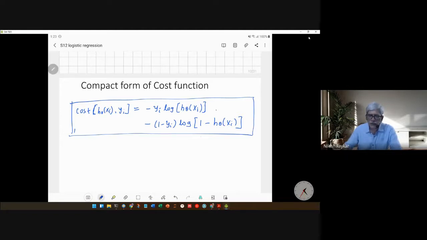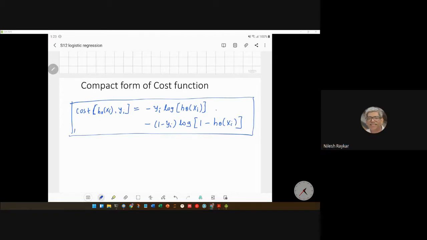So see, whenever yi equal to 1, this term would remain and the second term would vanish because 1 minus y will vanish. And when yi equal to 0, the first term will vanish and the second term would remain.